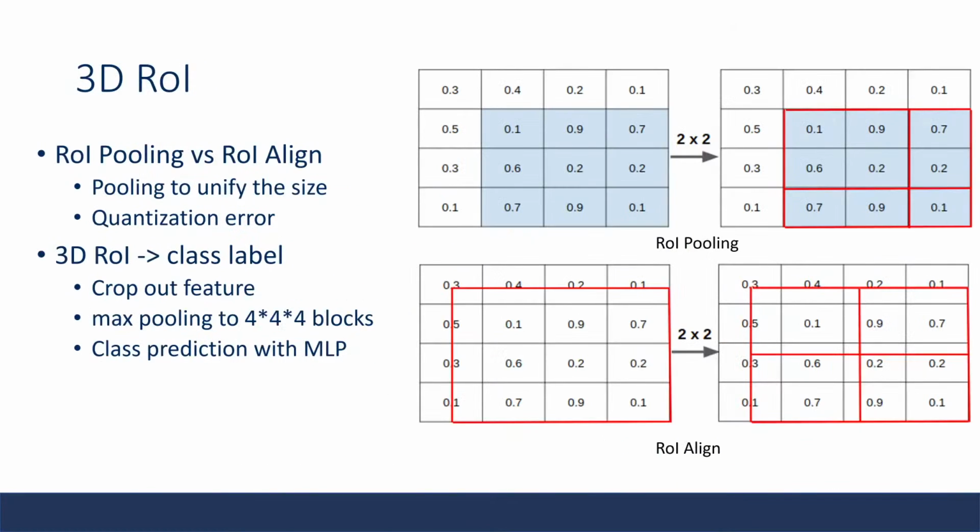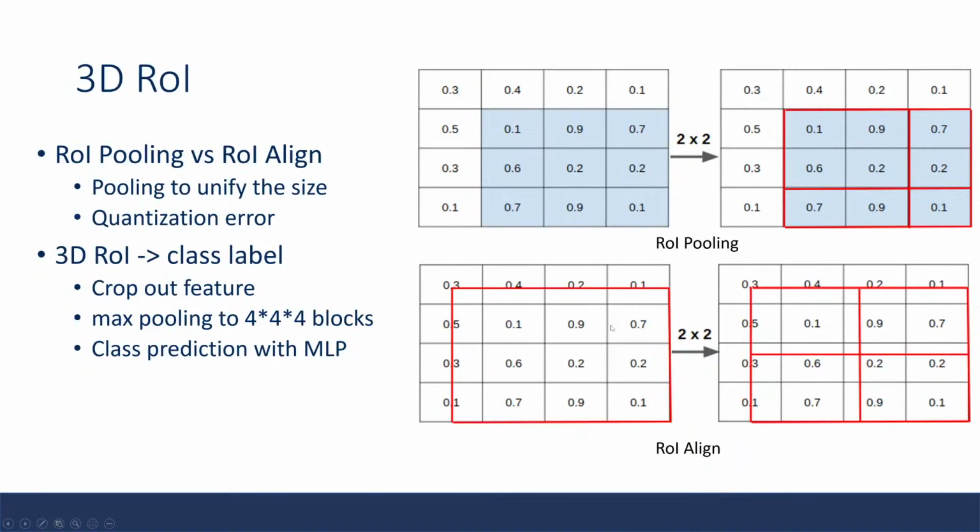Once we have the bounding box, we can crop out the features and then select the corresponding ones with high objectness, and we can pass them to the ROI. ROI is mainly used to unify the size for each anchor, and the major methods are either ROI pooling or ROI align.